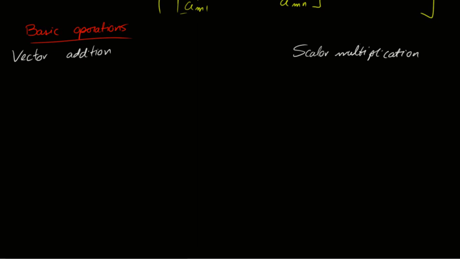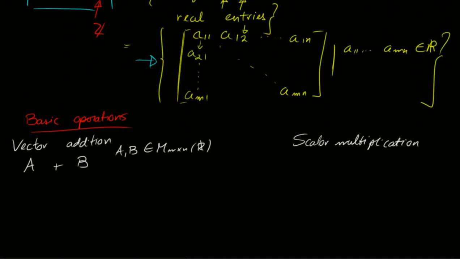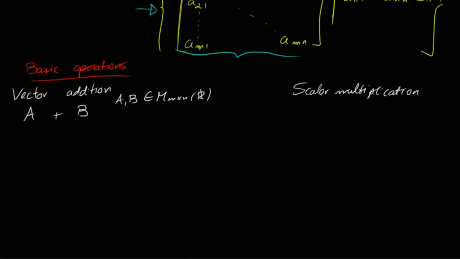So if I say A plus B, where suppose A and B belong to m by n (R), then, by definition, if something belongs to this space, it'll look in general like this kind of matrix. So that's how I'm going to write it out.